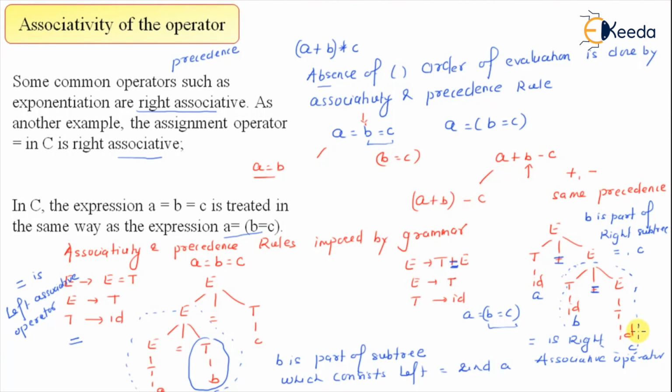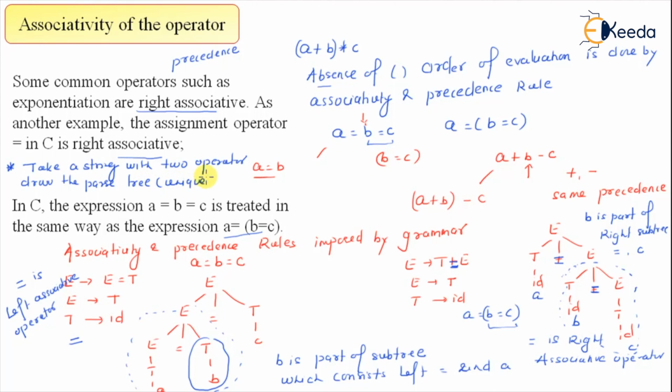So this is how the grammar decides left and right associativity. What you have to do in this case is take a string with at least two operators, one will not give you the answer, draw the parse tree, and it should be unique.